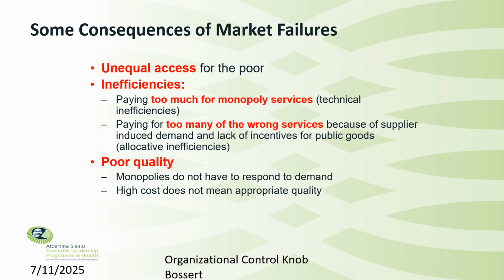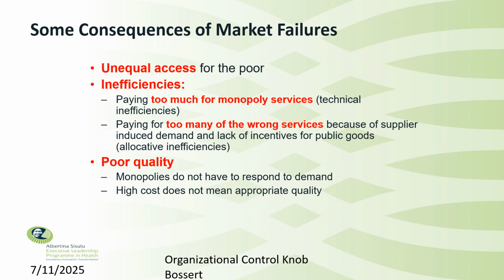They have limited options. They don't have enough information, and they don't have much choice in terms of understanding what needs to happen. This can result in inefficiencies because you end up paying too much for services that are monopolized. So that's your technical inefficiencies.